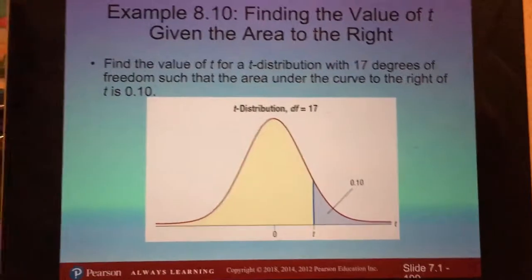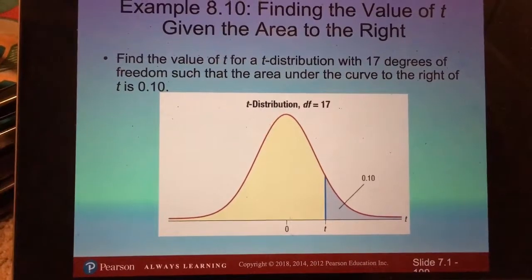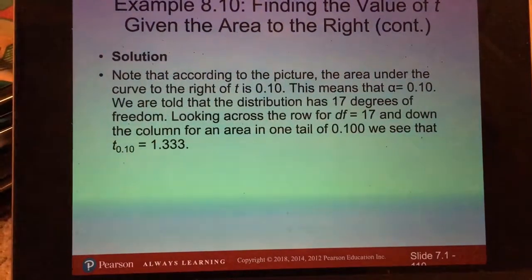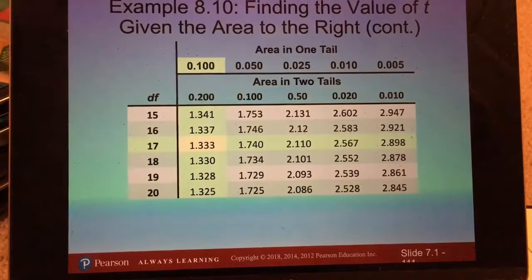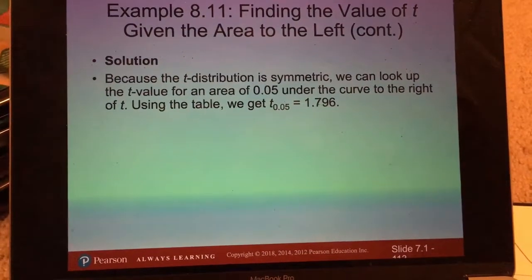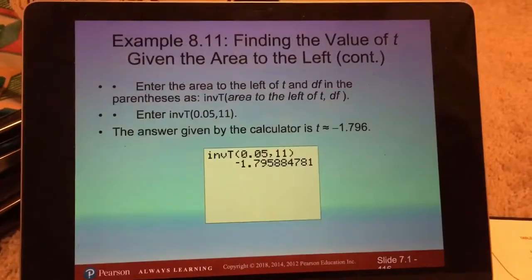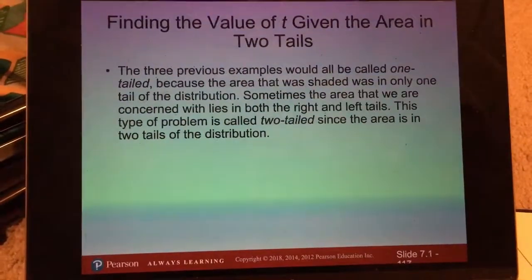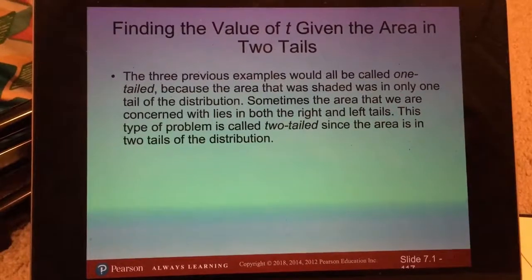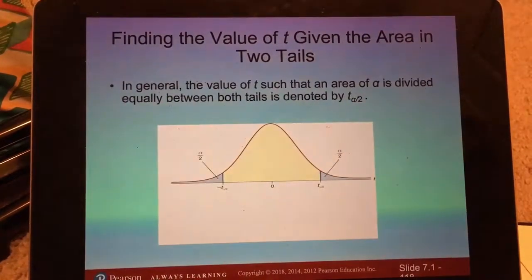Okay, so now I just have a whole bunch of examples in here, which I'm going to let you do on your own. I'm not going to go through each one of these, but hopefully I gave you enough examples that you can see how to use the t distribution here. So lots and lots of examples of how to use your t distribution. So when we're trying to find the area in two tails, you're going to use the two-tail column.